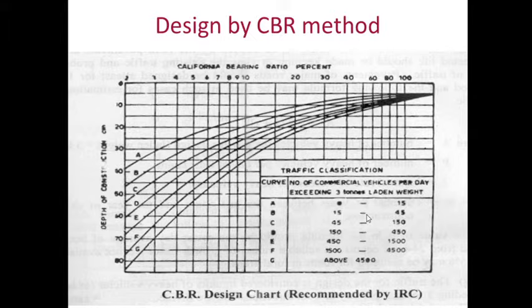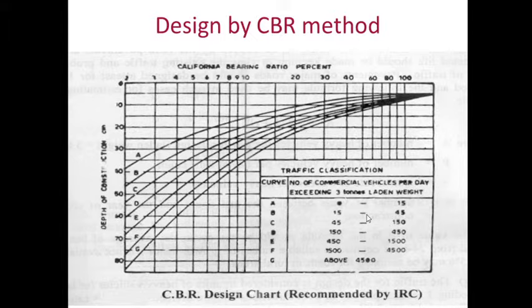Then there are 7 curves, A to G. A curve means the number of commercial vehicles per day is 0 to 15, whereas B curve shows 15 to 45 commercial vehicles, and so on. And G curve is the number of commercial vehicles more than 4,500, or expressway.